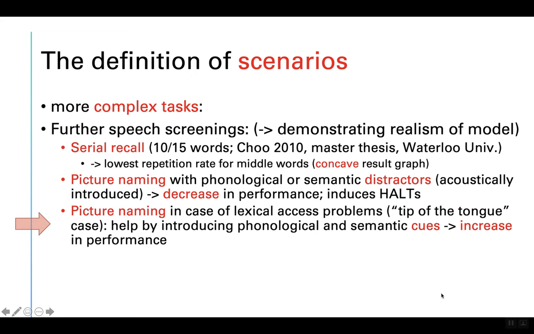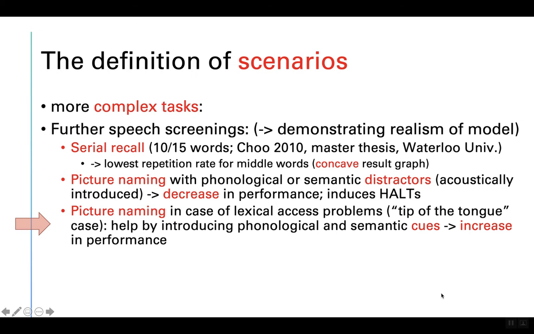Hello everybody. In this last main part of my talk, we will concentrate again on very complex tasks which we will model using our neural speech production and speech perception model, which we developed in the NENGO framework.